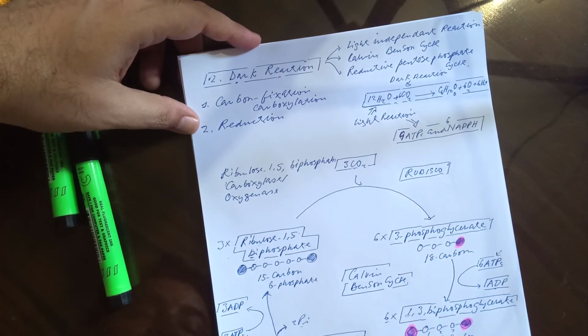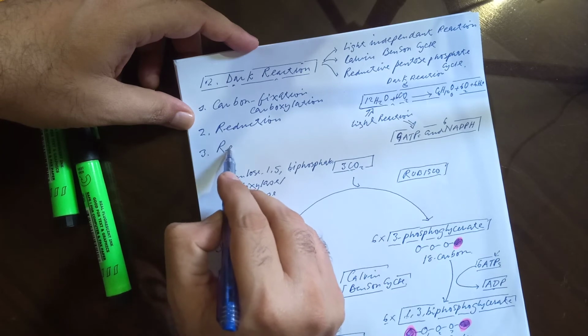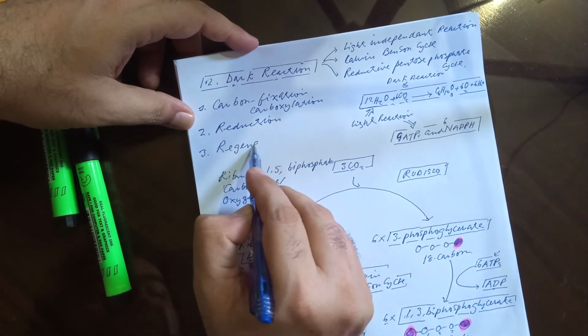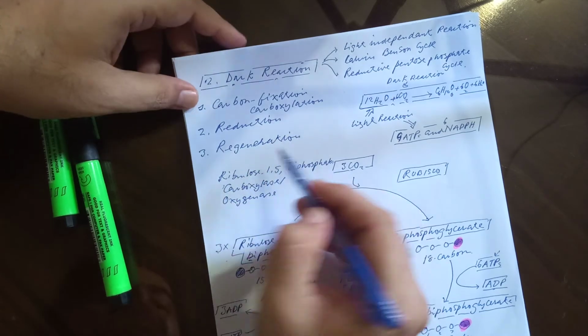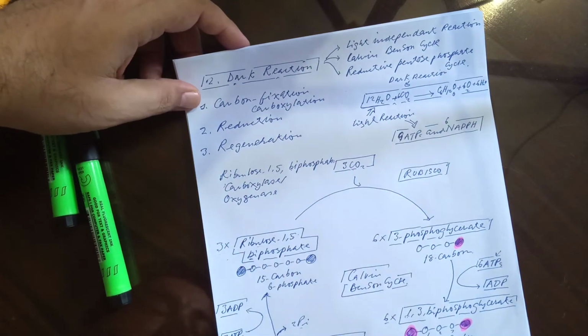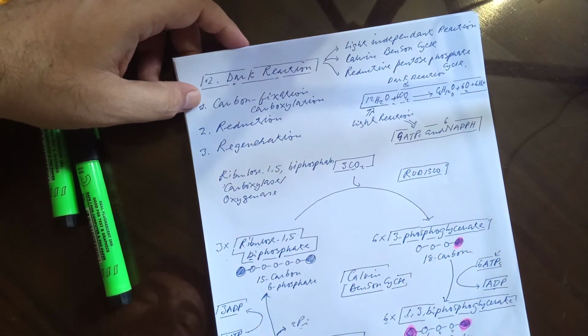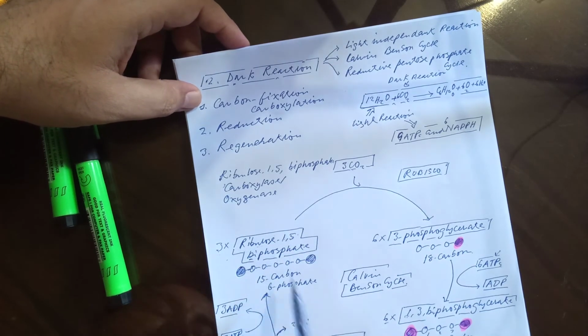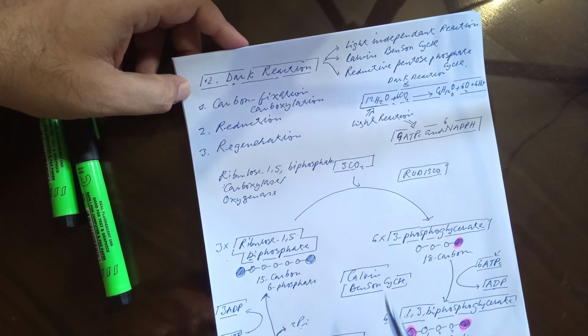Okay, step number 2. Step number 3 is regeneration. That's the step number 3. Why is it called regeneration? Because out of the 3-phosphoglyceraldehyde, you are regenerating again ribulose 1,5-biphosphate so that you could pick up carbon dioxide.